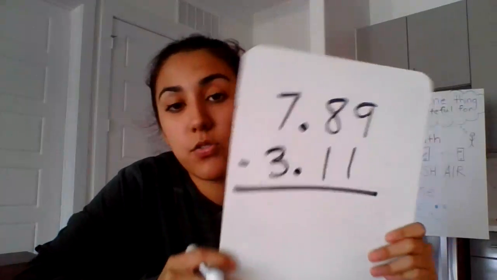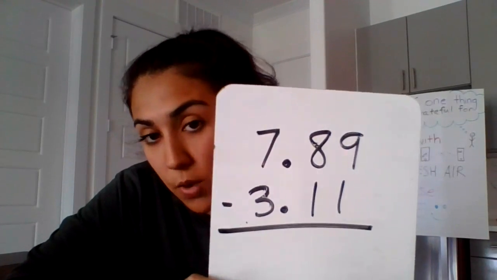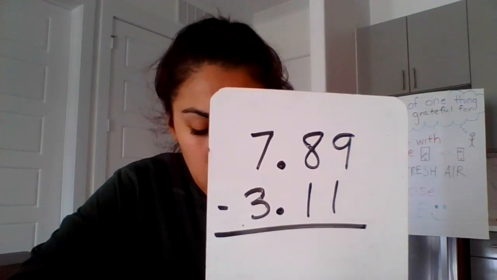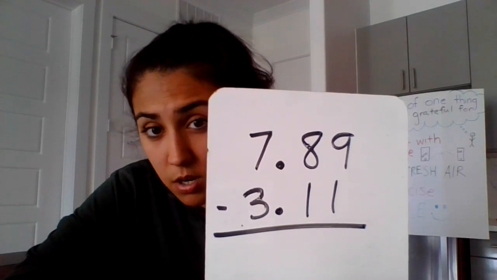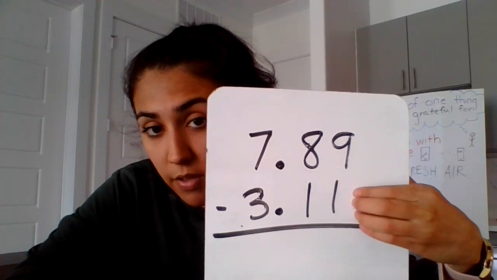They want us to subtract 7 and 89/100 minus 3 and 11/100. So you should put the bigger number on top and make sure you are lining up your decimals. So your paper should look like this, or your whiteboard, whatever you're solving this on. We're going to always start in the lowest place value.